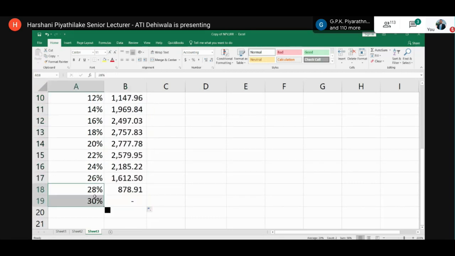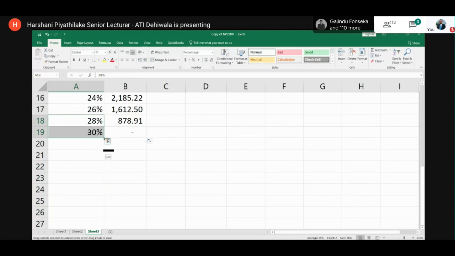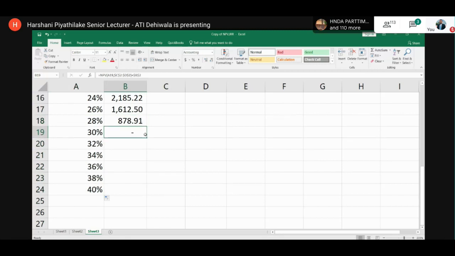Again, I can drag this one up to 40 or something. Drag until 40. Otherwise, you cannot understand the difference, no? Right? You can drag the formula.